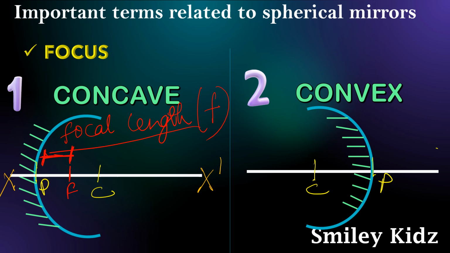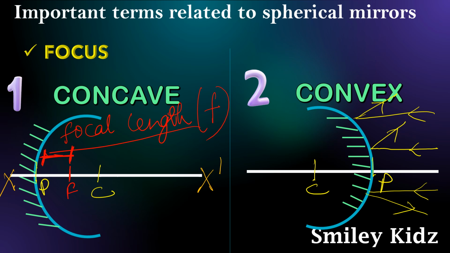Now let's understand this case with the convex mirror. I incident a ray like this, which is reflecting like this. Let's again incident a parallel beam of light, parallel to the principal axis, which is reflecting in this way. And again like this and like this. Do we observe any common point of intersection?